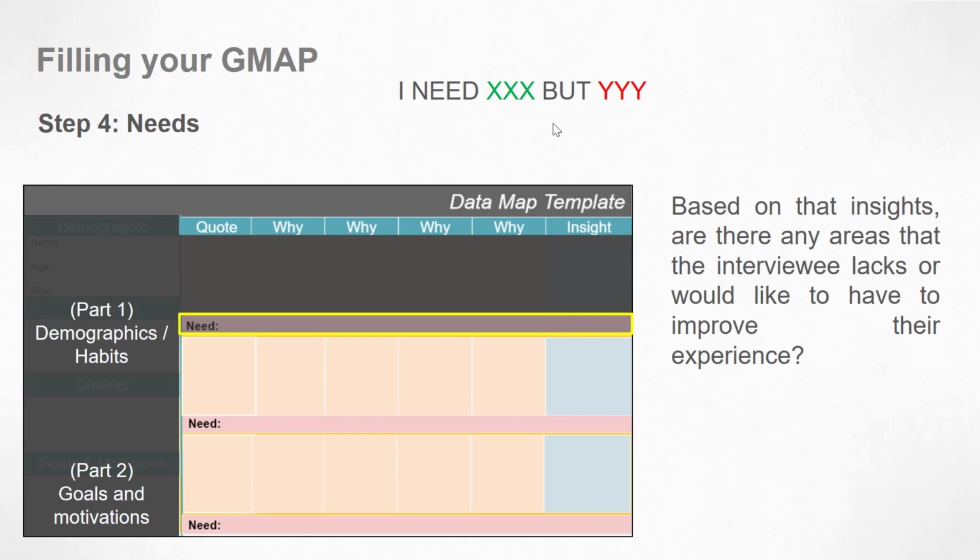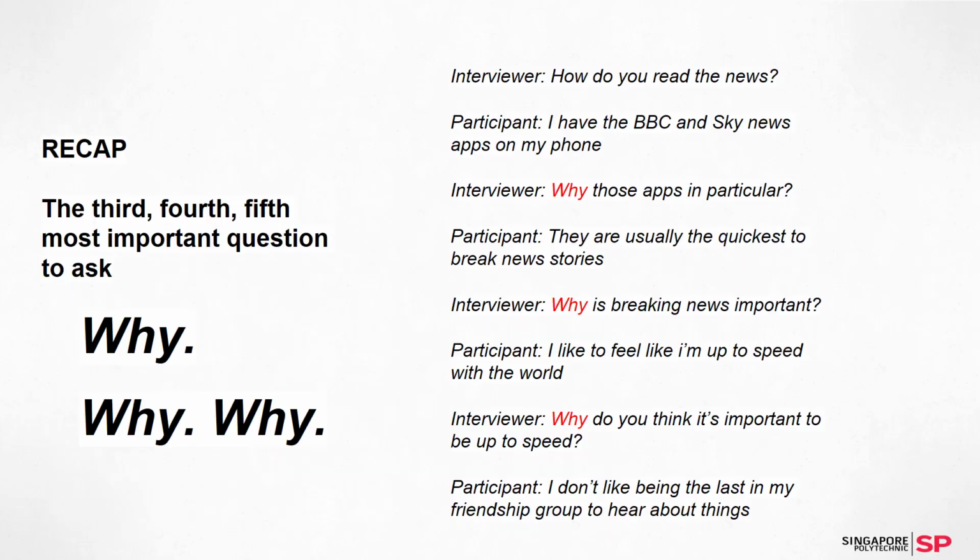I need something, but something is stopping me. So for example, I need time to exercise, but I am busy most of the week. We will go through an example in the next couple of slides on how to actually fill up the insight as well as the needs. So let's take a look.